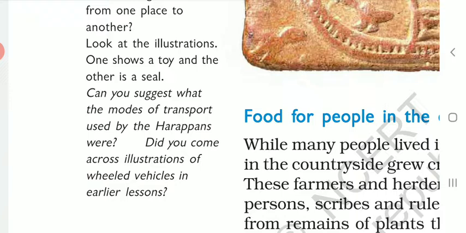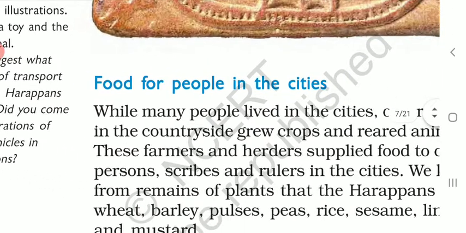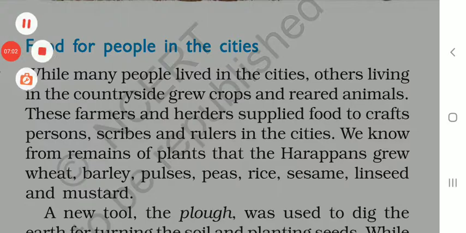Can you suggest what the modes of transport used by the Harappans were? Obviously, at that time animals were used for transportation. Did you come across illustrations of wheeled vehicles in the earlier lesson? There were many wheeled vehicles in the ancient time that were used by the Harappan people.